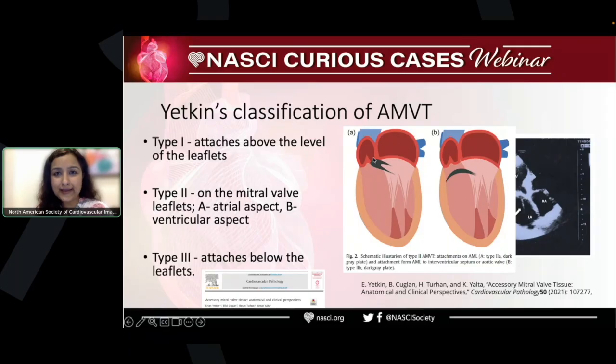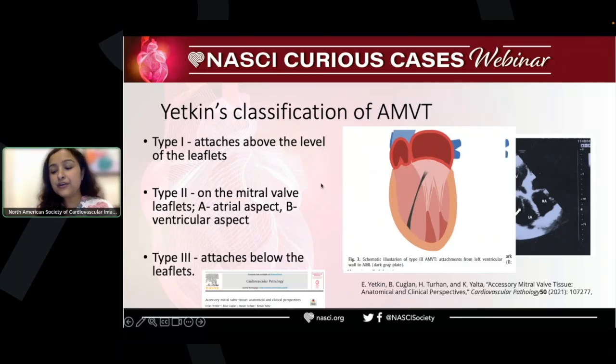As I showed you, it prolapsed into the LV outflow and came back and attached to the mitral valve. But it can also have another end attachment at the lateral wall of the left ventricle in the left ventricular outflow tract. This is type 2B AMVT, and type 3 attaches below the level of leaflets.